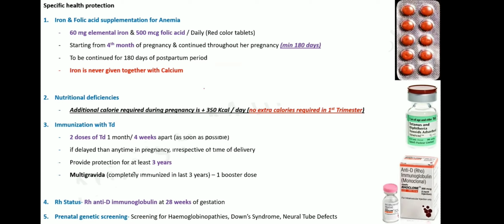The major causative factor is iron and folic acid deficiency. It is well known that anemia is associated with the incidence of premature births. Premature births, which we see quite often today, as well as postpartum hemorrhage and puerperal sepsis, all have a direct correlation with anemia.